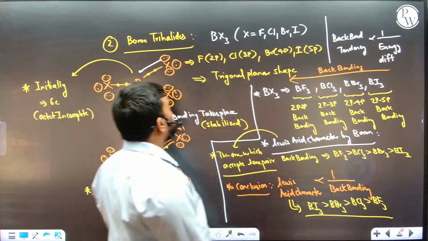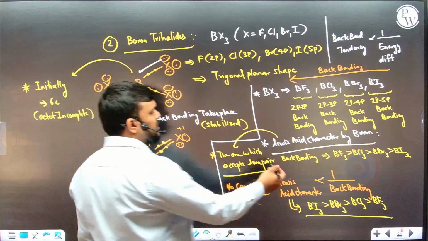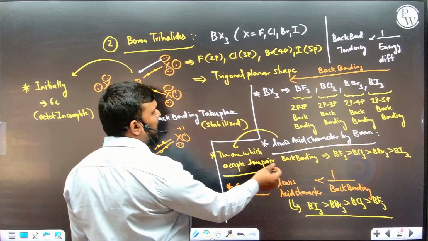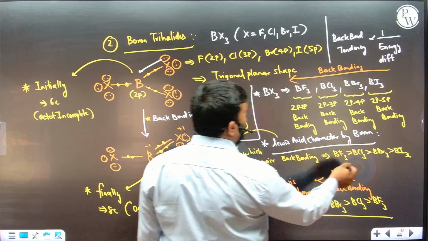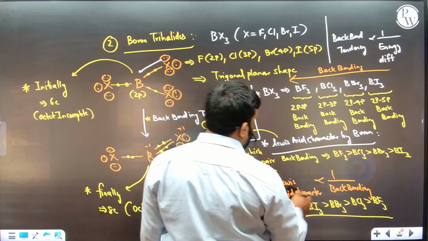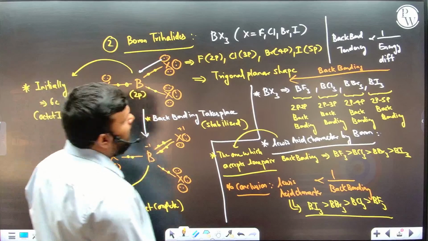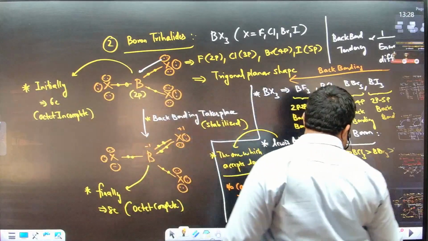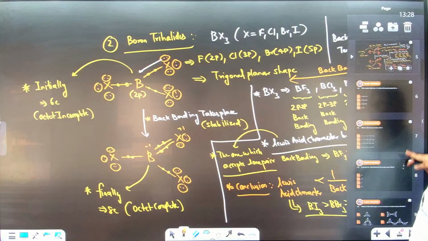So you can see this was all about the boron trihalides. We already discussed that the back bonding tendency will be more in BF3 than BCl3 than BBr3 than BI3, and inversely will be the Lewis acid character. They are asking questions regarding this in the PYQs. Let us see the PYQs over here.